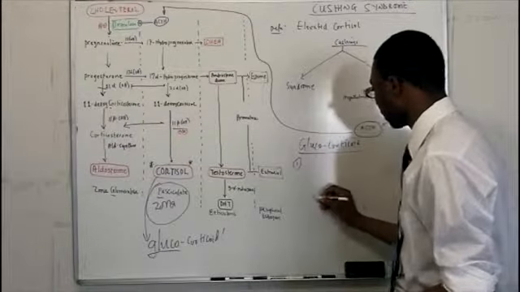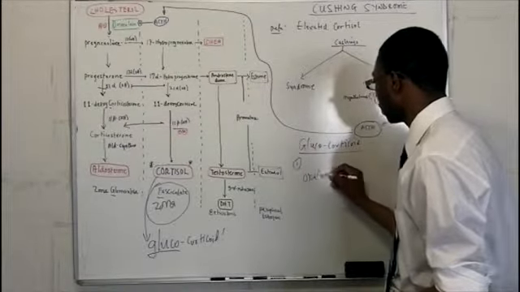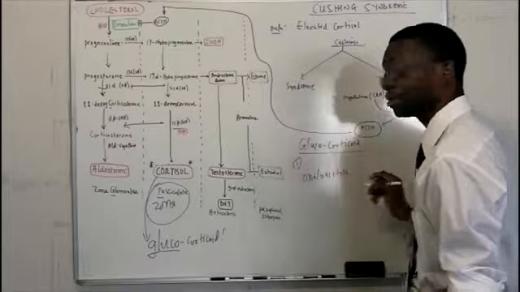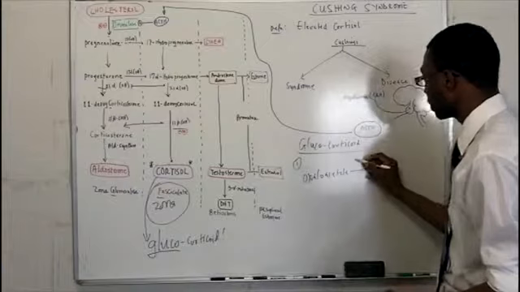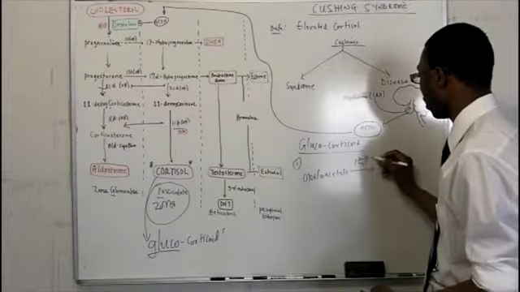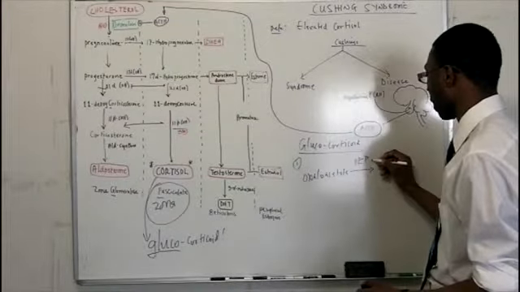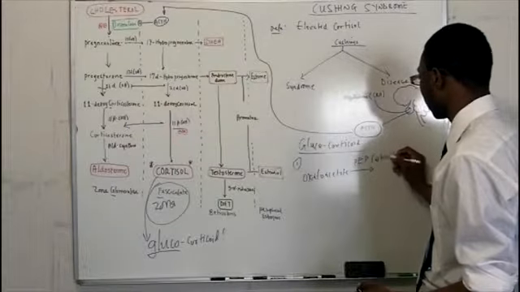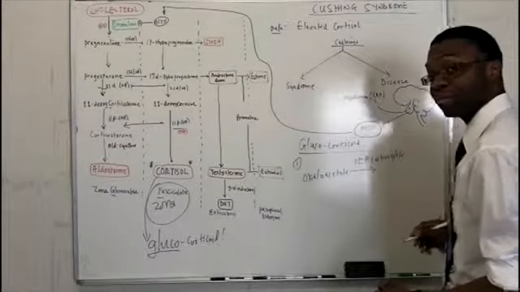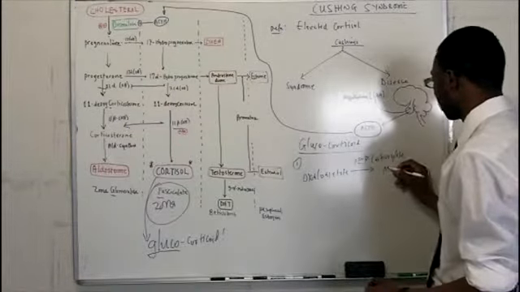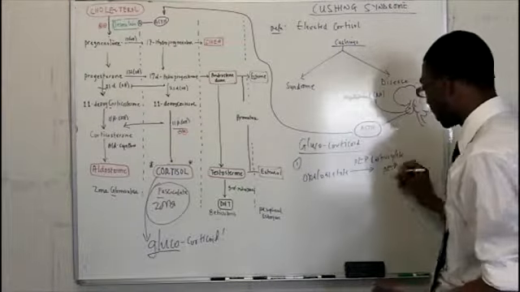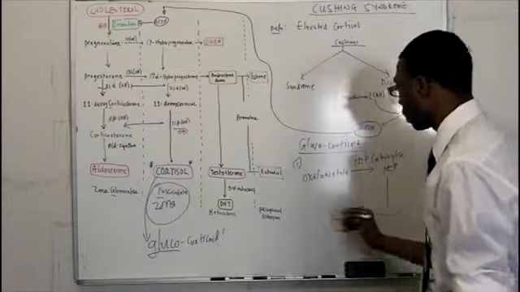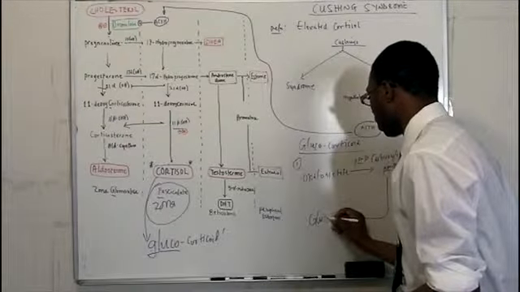It's gonna convert oxaloacetate all the way back using the phosphoenolpyruvate carboxykinase enzyme to make what? Phosphoenolpyruvate, which is now going to reverse all the way back to form glucose.